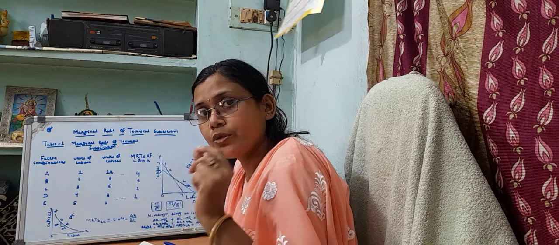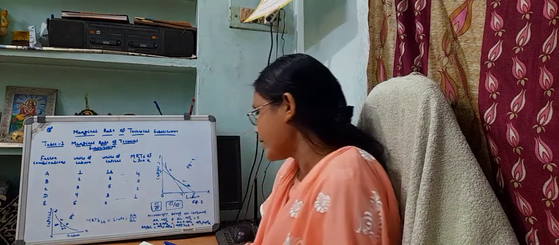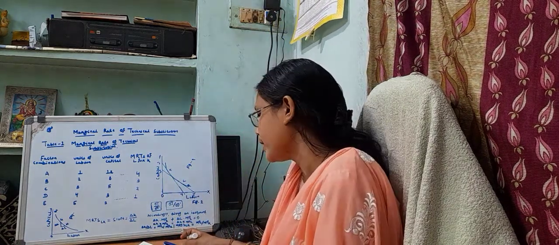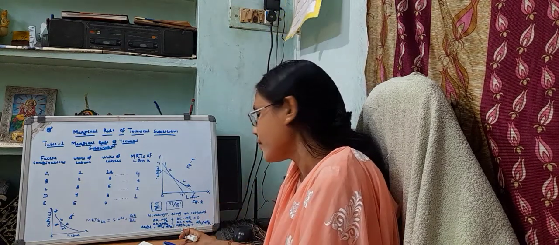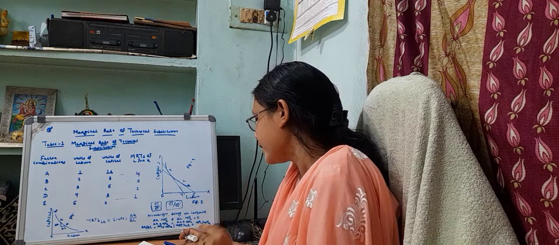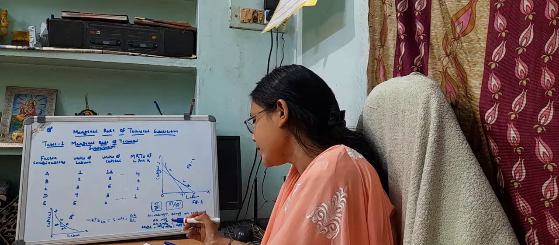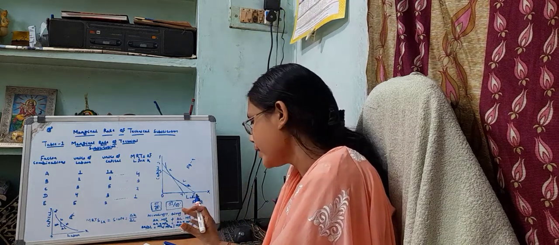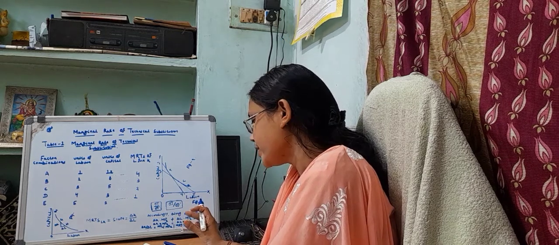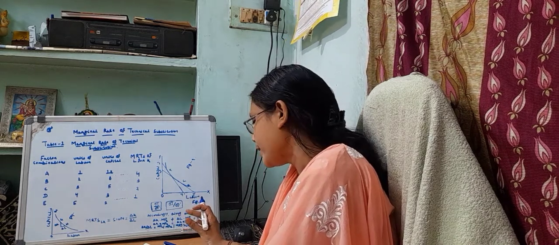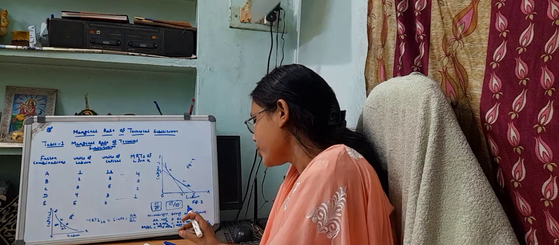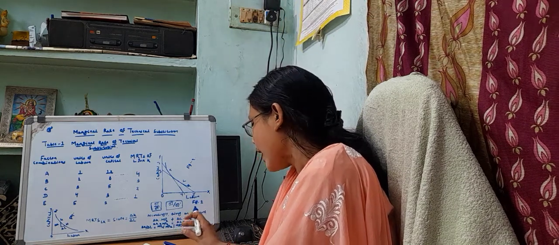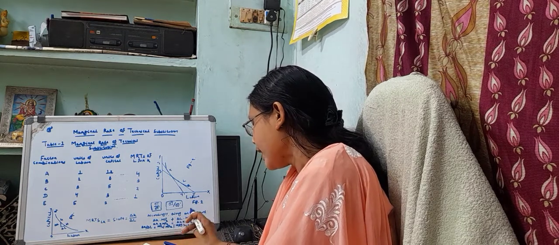Then I will discuss general properties of isoquants. First property: isoquants, like indifference curves, slope downward from left to right. They have negative slope. This is so because when the quantity of one factor, say labor, is increased, the quantity of the other, that is capital, must be reduced so as to keep output constant on a given isoquant.